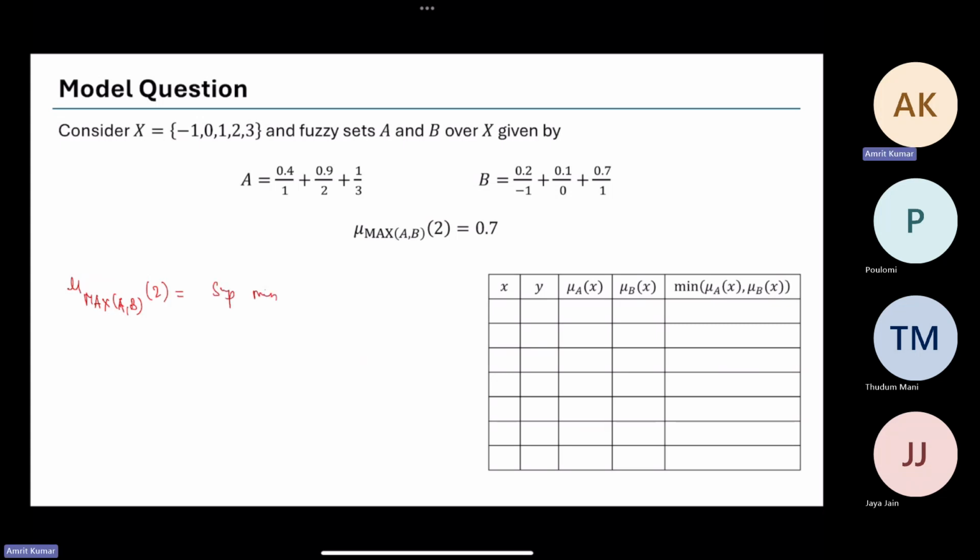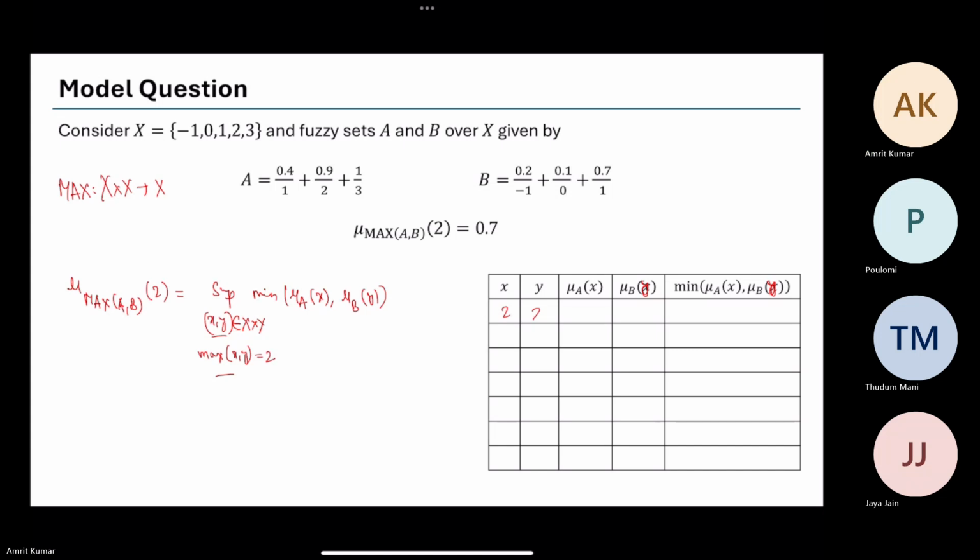Again, membership maximum can be seen as an operation from X cross X to X. And therefore, the membership of 2 in maximum of A comma B. So we first need to identify the pairs x comma y such that maximum of x comma y is equal to 2. So if both of them are 2, then we are fine.